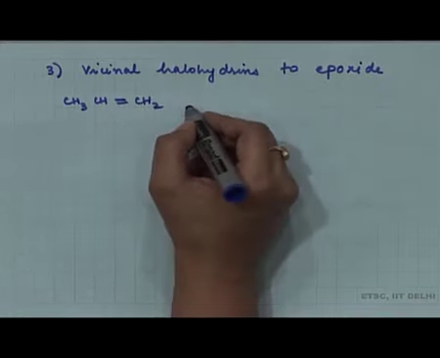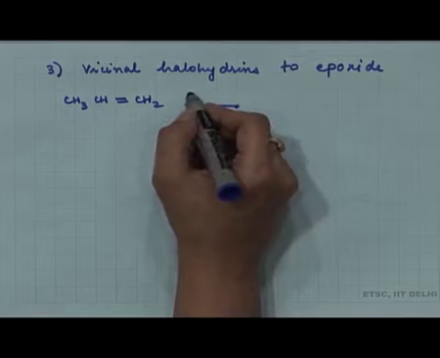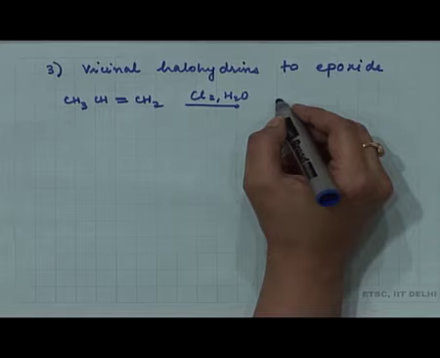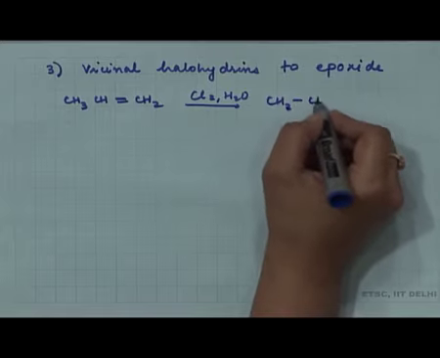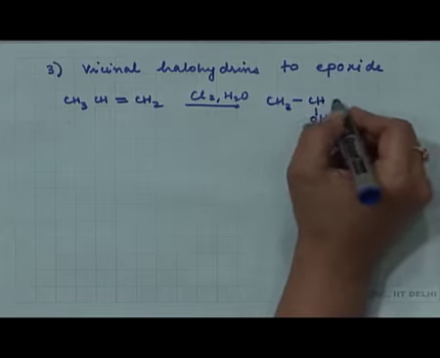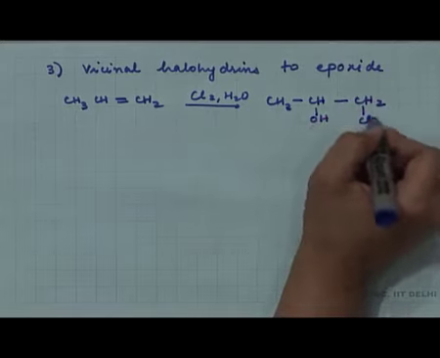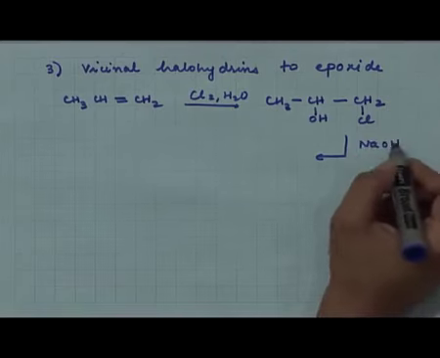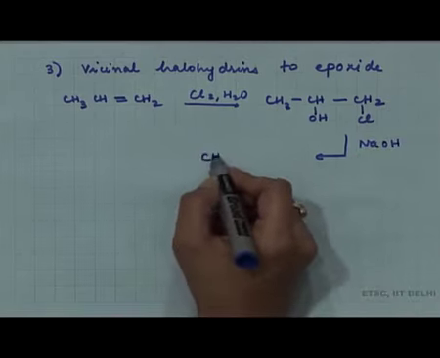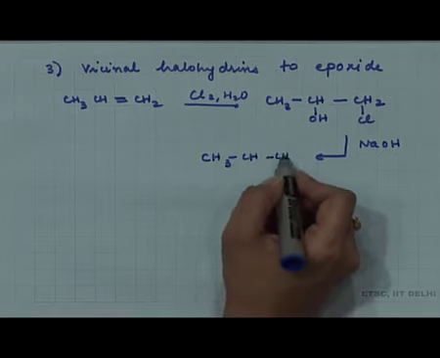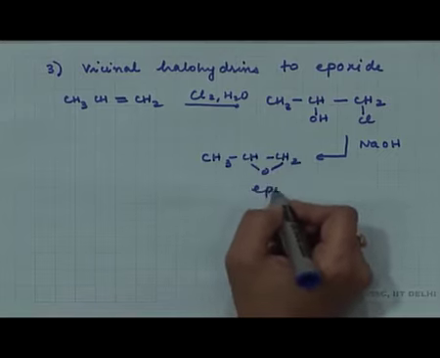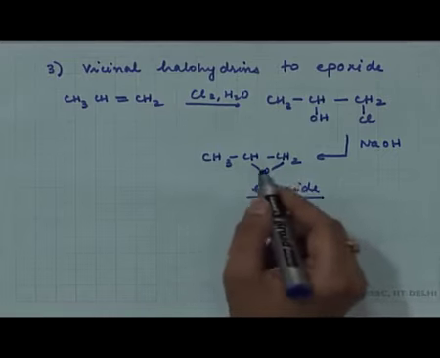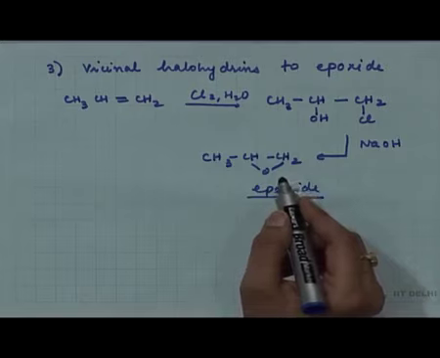If you recollect, we did this earlier when we were talking about alcohols: a hypohalous acid can form, and it undergoes an addition reaction on the olefin double bond, and you get a halohydrin, which under alkaline conditions, in the presence of a base, can result in the formation of epoxides. This we did earlier also. This is one of the methods for preparation of these cyclic ethers, from the vicinal halohydrin to epoxide.